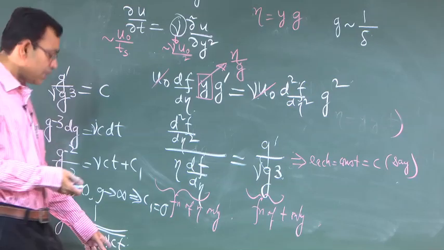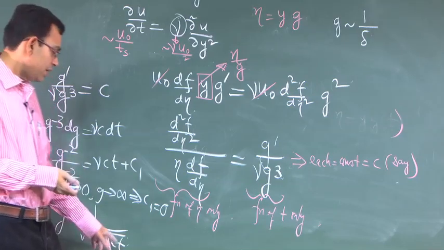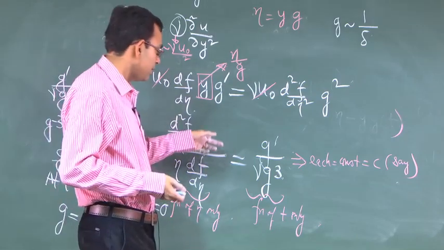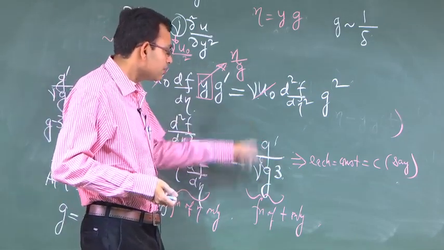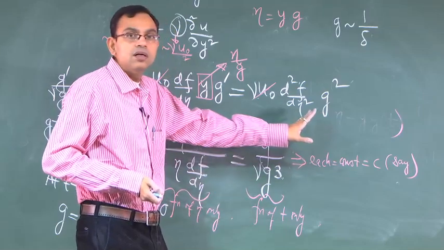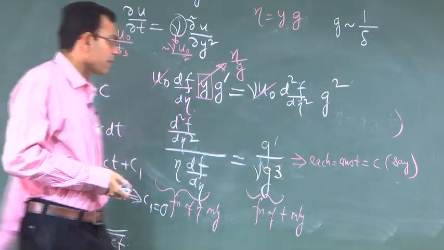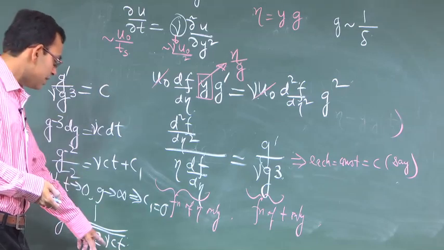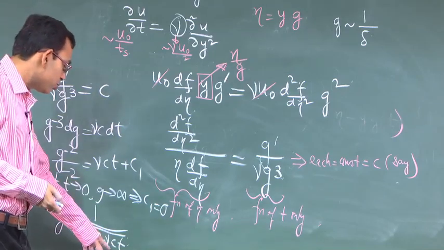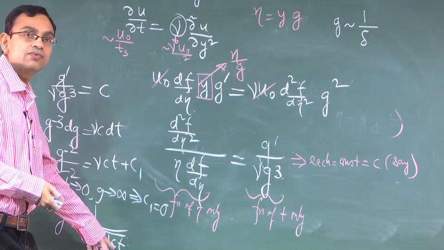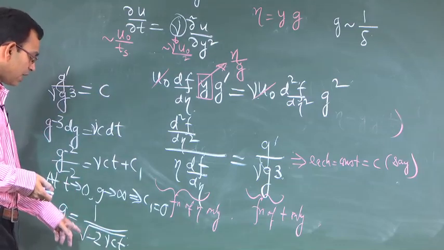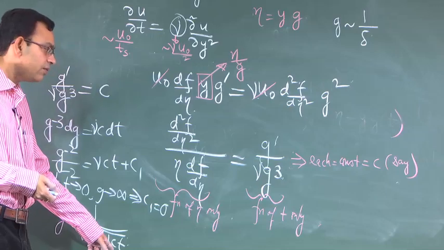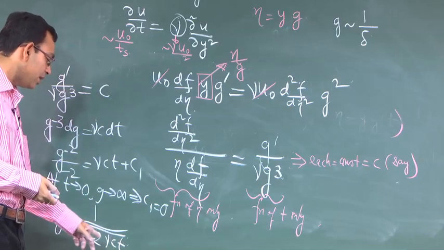So, the value of c, it depends, I mean it is up to you. For example, you have a ratio proportion problem, A by B equal to C by D equal to K, that K it is up to you to choose, but in this particular case you have to choose in such a way that c has to be negative, because under root it has to be positive. So, c must be negative. So, you can take any negative number.